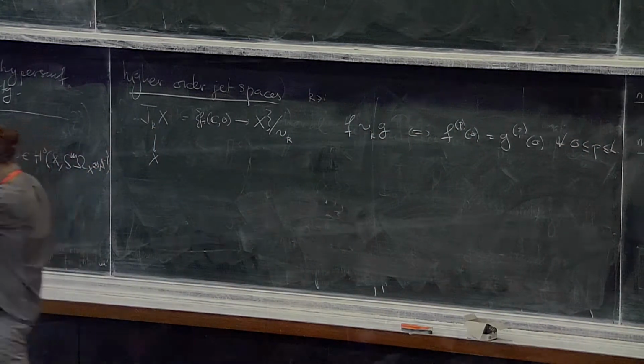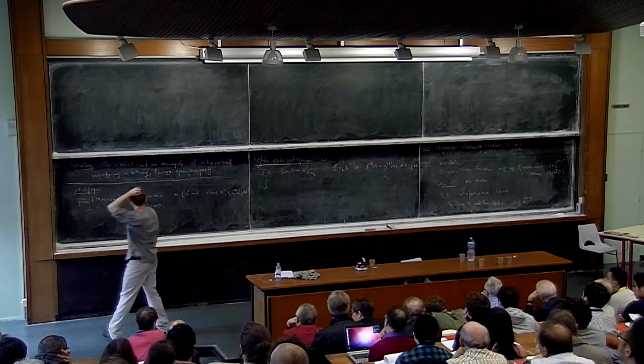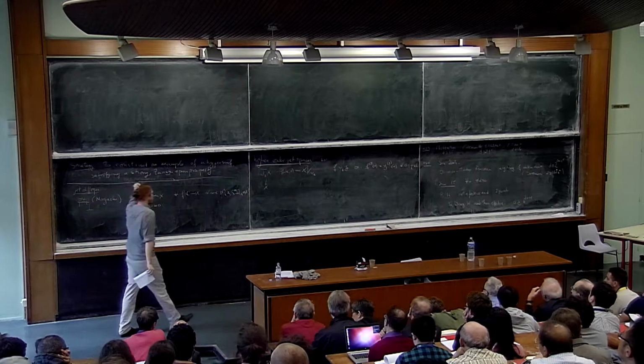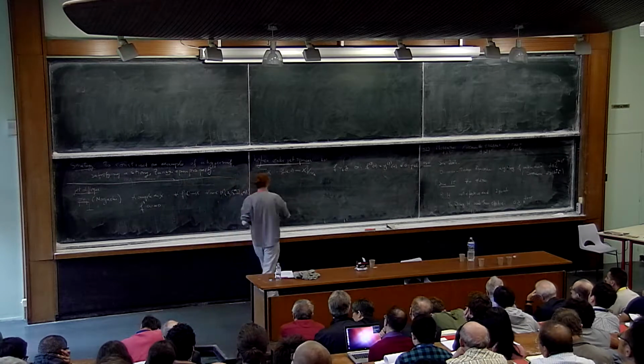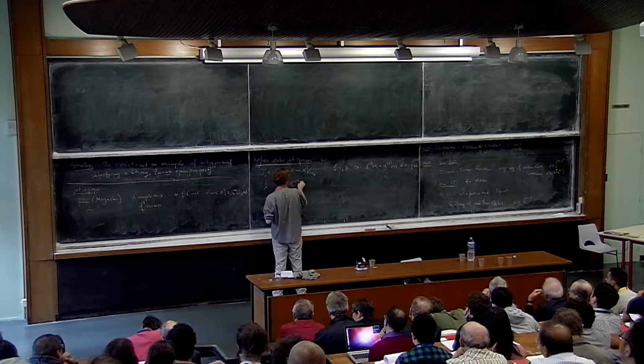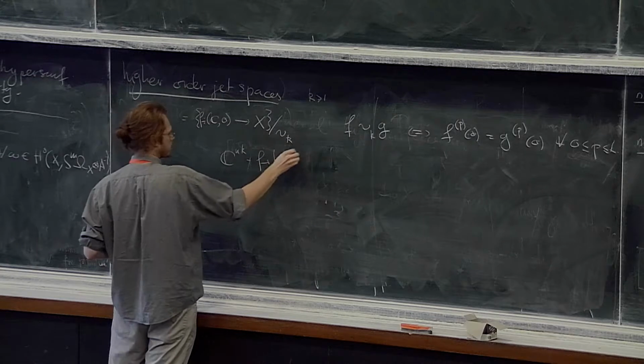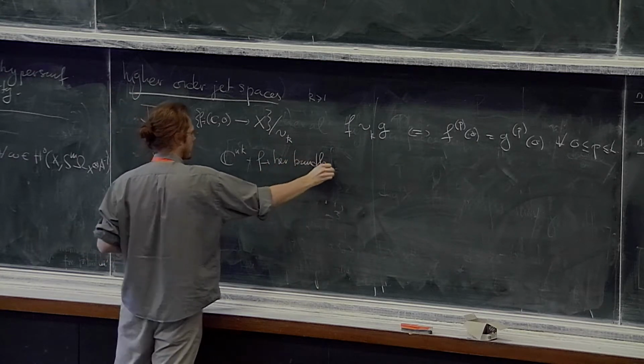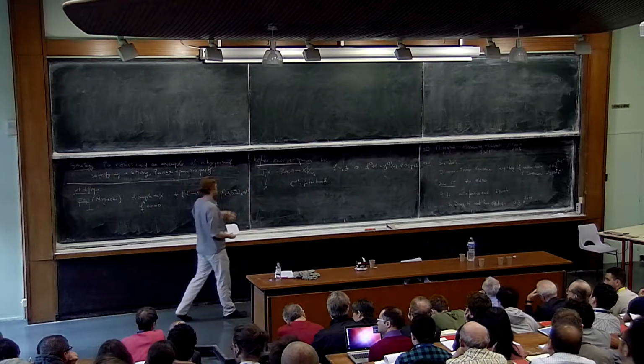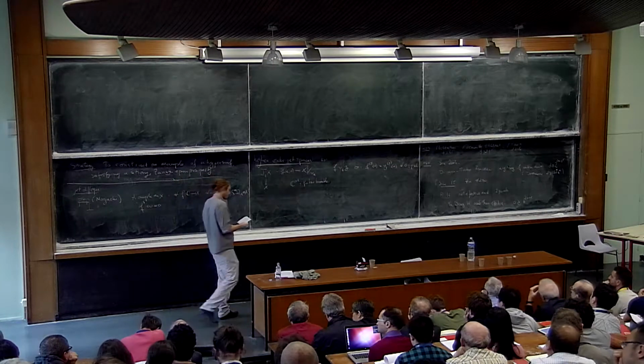And so this gives you a C^(nk) fiber bundle, which for k equal to 1 is just, of course, the tangent space.